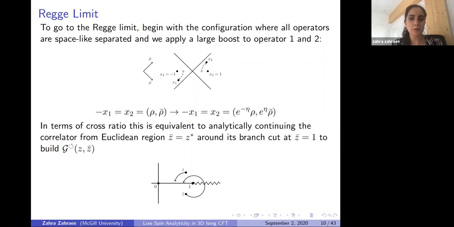And eta here is our boost parameter. In terms of cross ratios, this is equivalent to analytically continuing the correlator from z bar equal z star around this branch point at z bar equal 1 to build the analytically continued correlator.